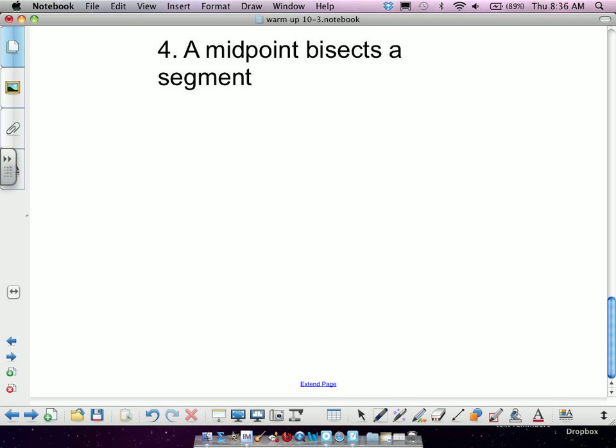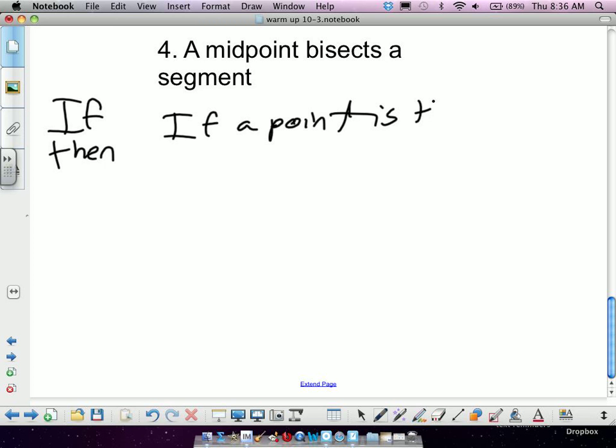All right, who had my if-then for 4? Okay. If a point is the midpoint of a segment, then it bisects the segment.